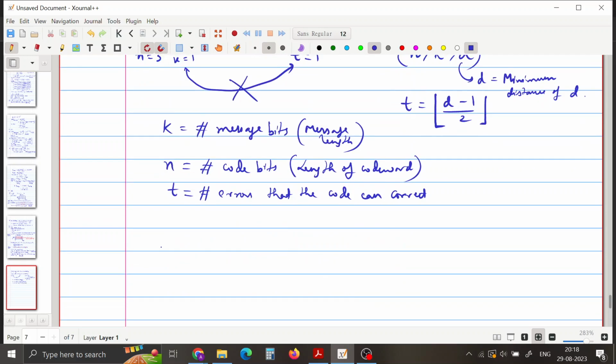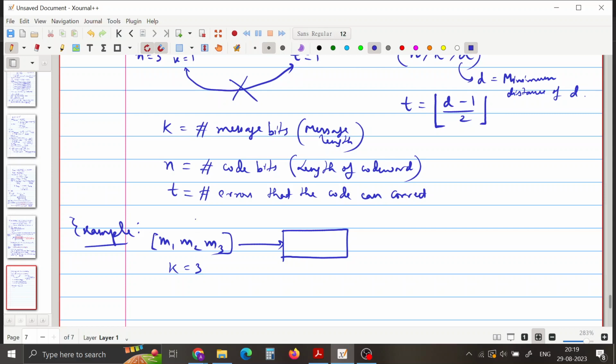Okay, so what happens is that if you start with, let's say, a 3-bit message vector, which can be binary, say 000, 011, whatever, so there k is 3. I'm just giving a sample case.